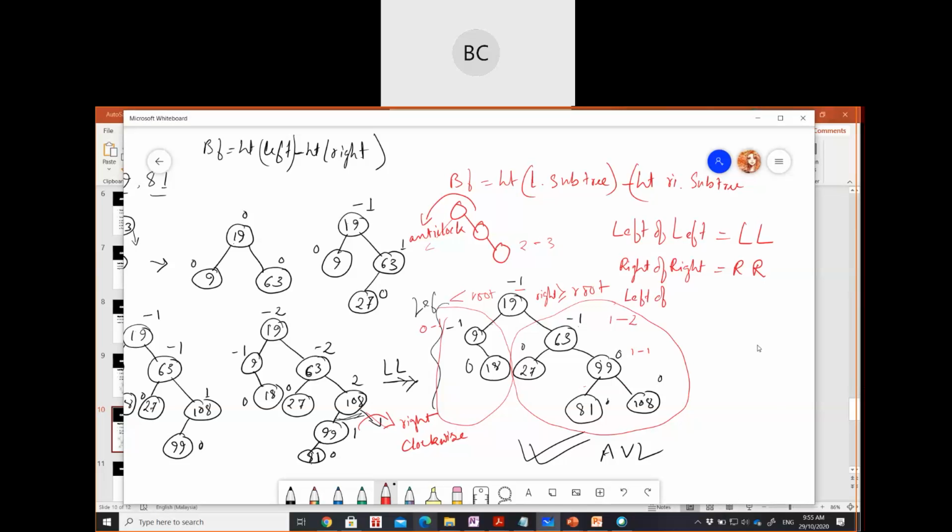Left of right means your LR, correct? And right of left means your RL. Okay, this is how you insert your thing. So these two are double rotations and these two are single rotations.